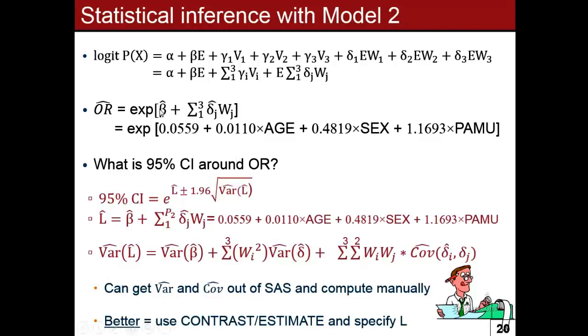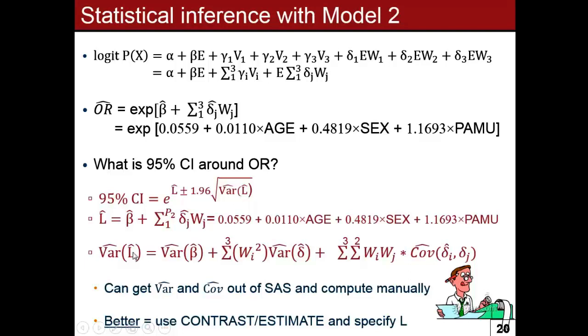There are 4 things that were estimated here: beta hat, and then 3 delta hats, 1, 2, 3. This whole thing has uncertainty around it. It's not just the uncertainty around a single estimate. You need the joint statistical uncertainty around the whole expression, and that is not natively easy to find.